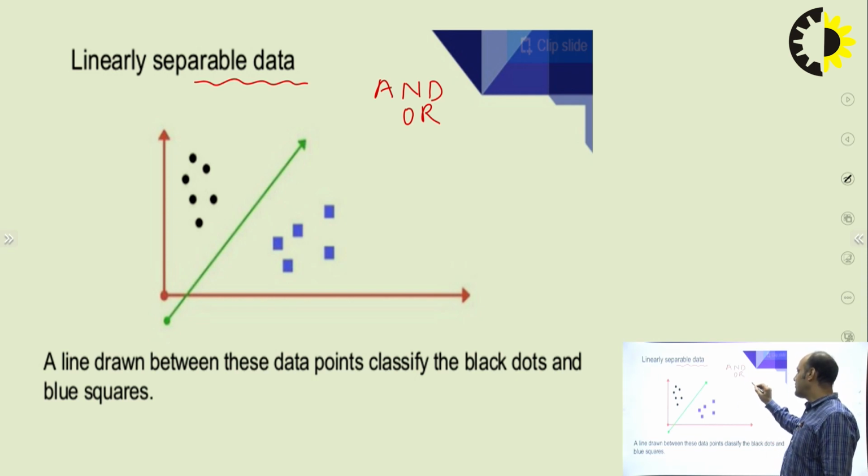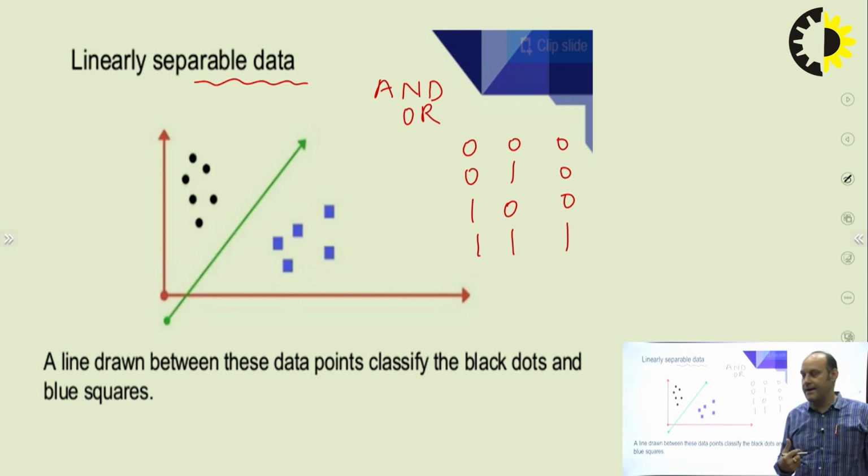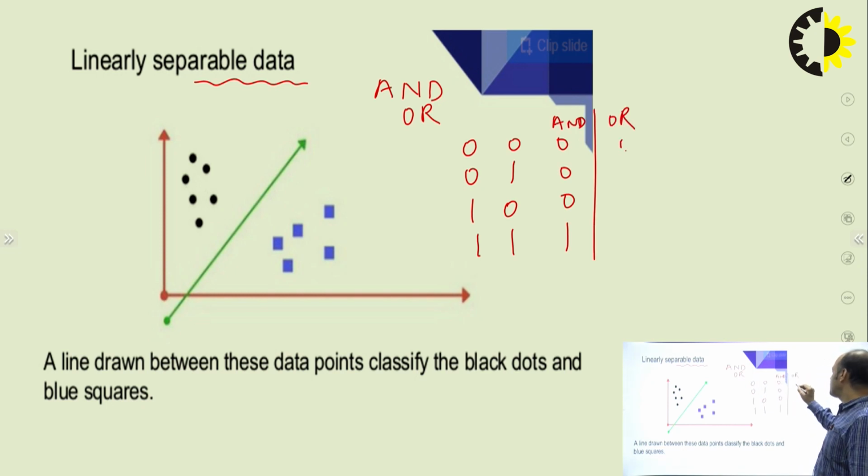The truth table of AND: 0 0 gives 0, 0 1 gives 0, 1 0 gives 0, and 1 1 gives 1. And the truth table of OR gives 0 1 1 1.